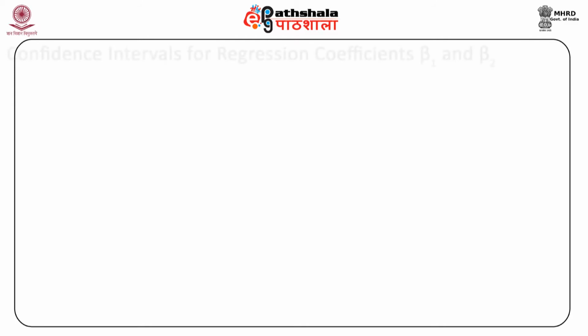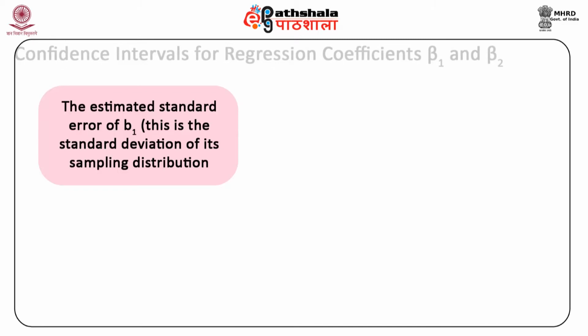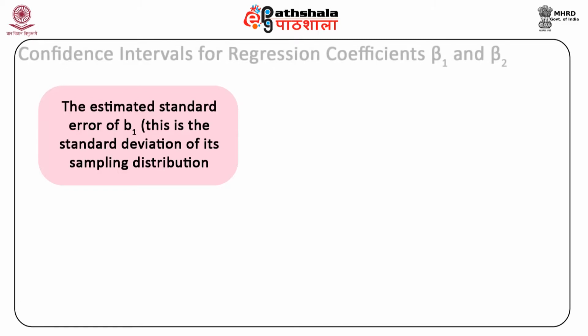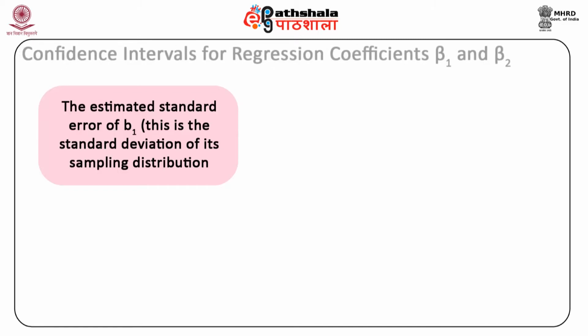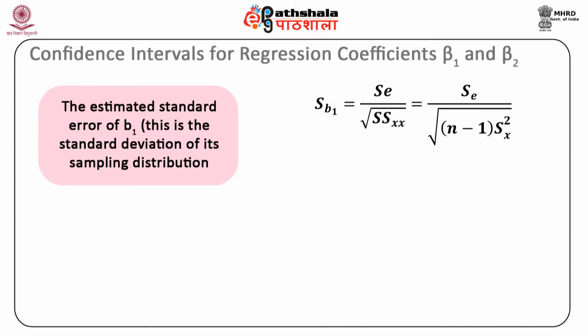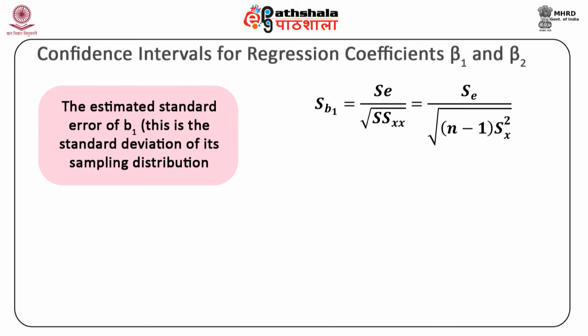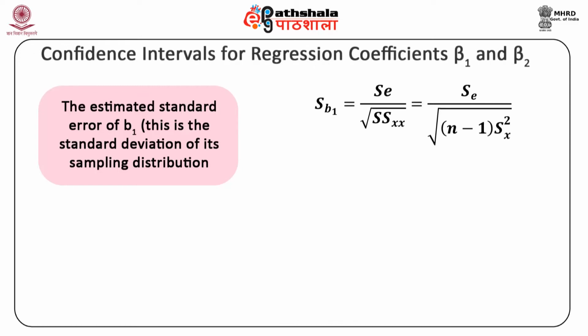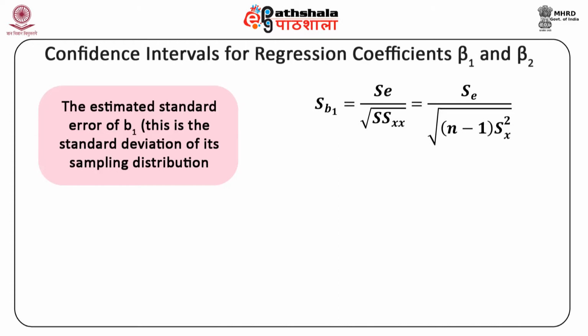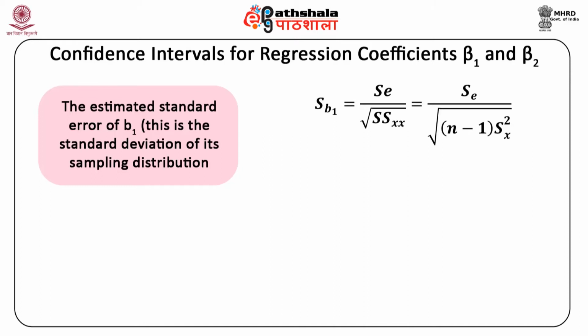We now obtain the standard error of b1, which is estimated. This is the standard deviation of its sampling distribution. We can write this as s_b1 equal to the standard error s_e divided by the square root of SSxx, which is equal to s_e upon the square root of n minus 1 times s_x squared.